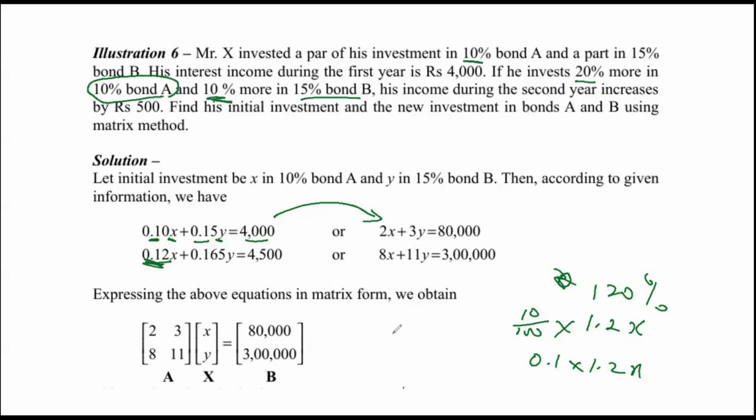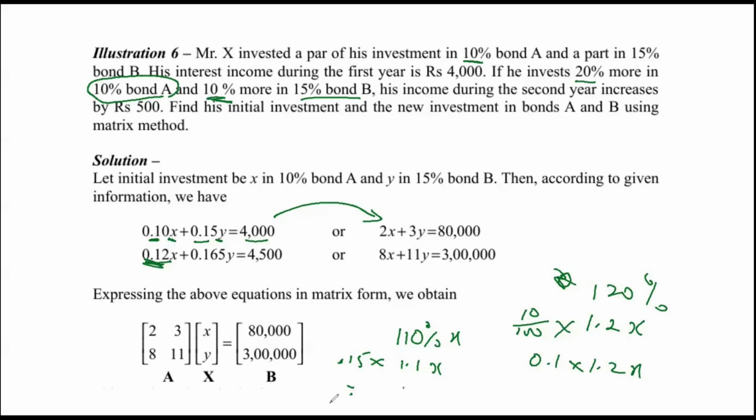So again, 10% more of it, so it's 1.1 of X, right? And then you're getting how much return? 15%, which is 0.15 times that, right? So 0.15 by 1.1x should give you 0.165.